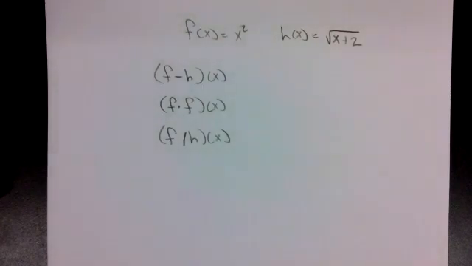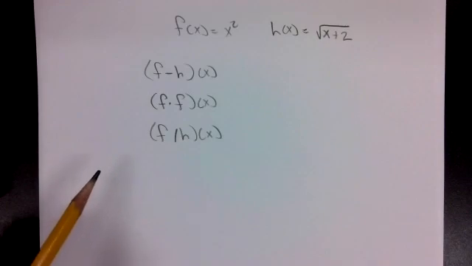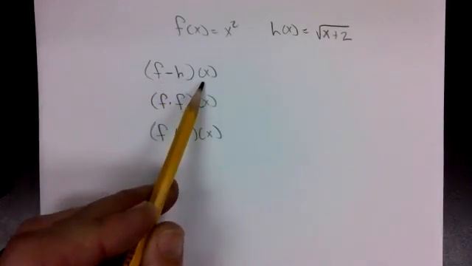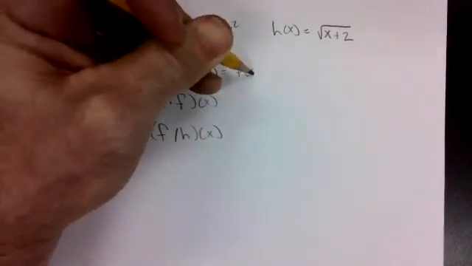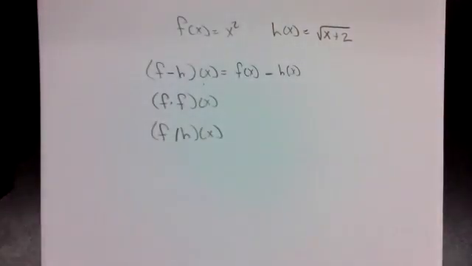I'm going to do 3 more examples with these functions, and then we'll transition to something else. All right, so we're going to find f minus h of x. So again, that implies f of x minus h of x.